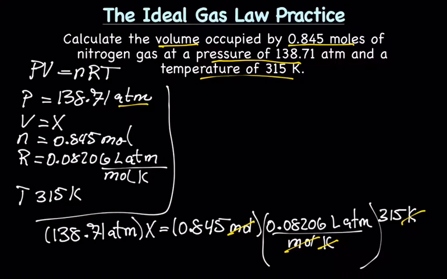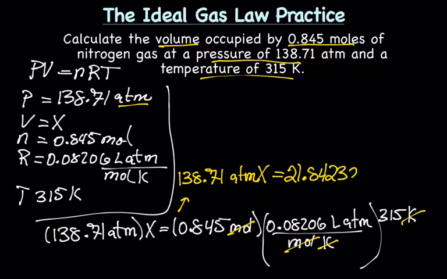Cool. All right, so let's rewrite our problem. I'm going to go up, I have more room there. So I have 138.71 atm, X equals 21.8425 times 0.3205 and liters atm.